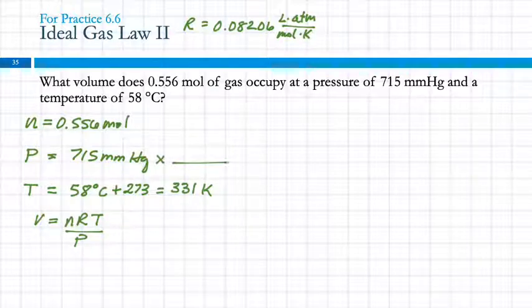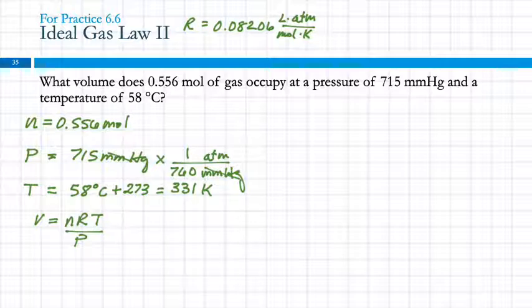So converting here, pressure conversions are always one step. I'm going to have atmospheres on top and millimeters of mercury on the bottom. 1 atmosphere is 760 millimeters of mercury, and that is exact.